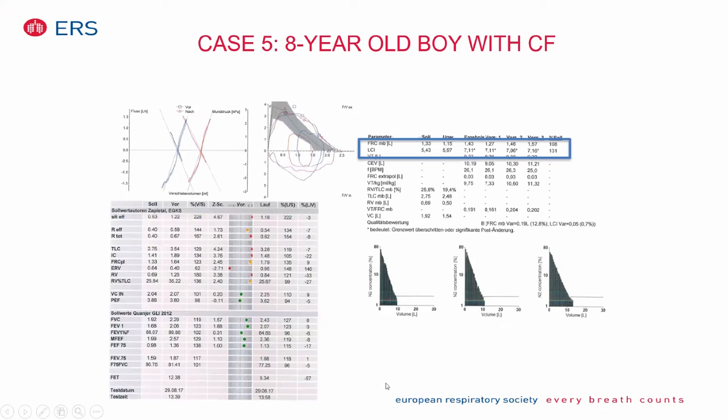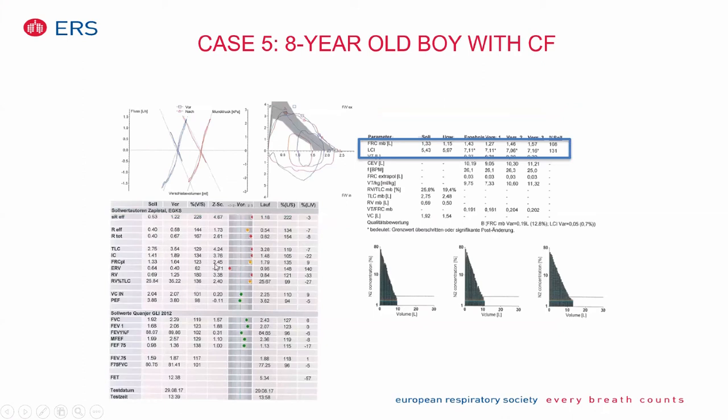And this is the case of a much younger boy with cystic fibrosis. Again, I don't think we go through this in much detail. Here you've got body plethysmography, here you've got spirometry, both of which are technically acceptable.